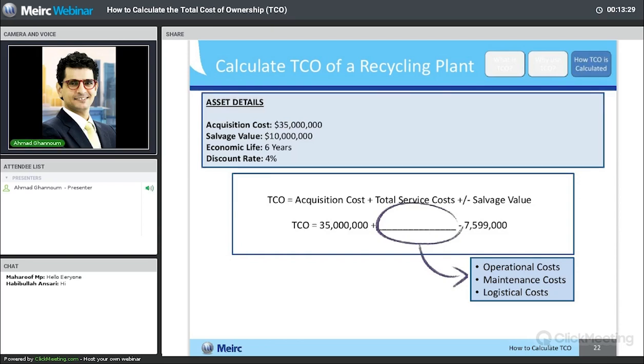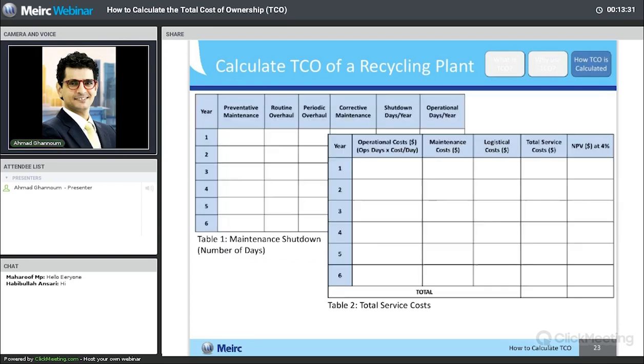Now, to help us calculate the total service costs, we're going to be using 2 tables over here. The first table, table number 1, the maintenance shutdown in number of days, will help us calculate the number of operational days and the shutdown days, so that when we get to calculating the operational costs, we can multiply that $150,000 per day by the number of operational days that we have calculated.